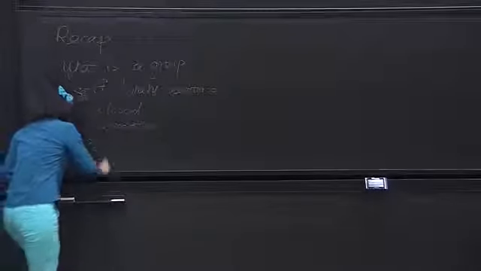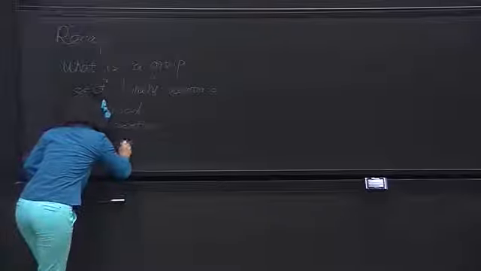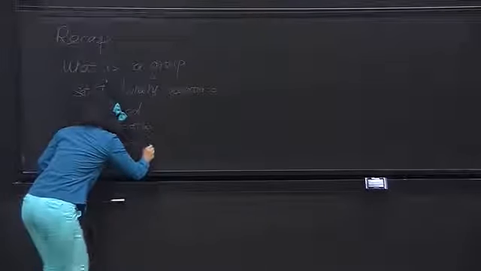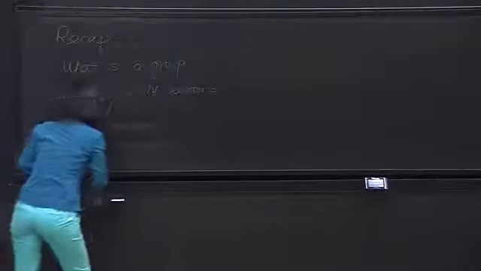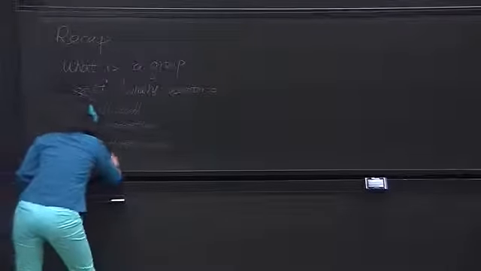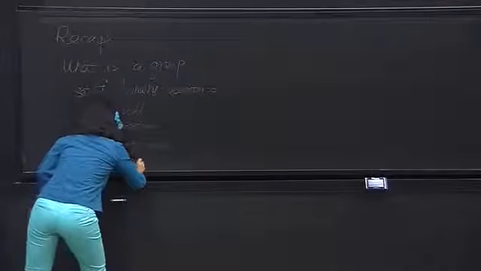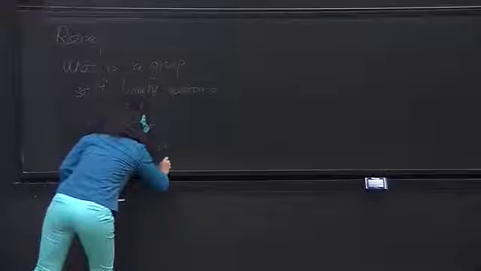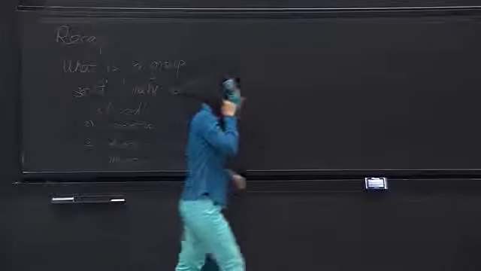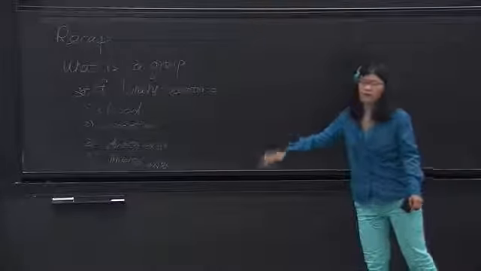And then we demand identity exists. And then we want inverse exist. So that's all. And I guess between the finite group and the continuous parameter family, we have a middle ground.